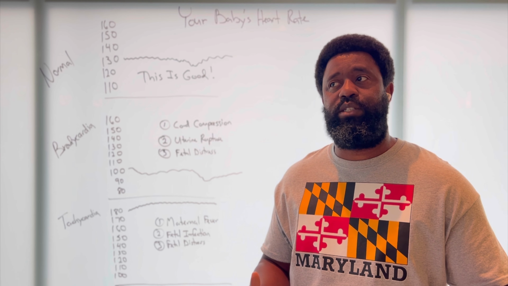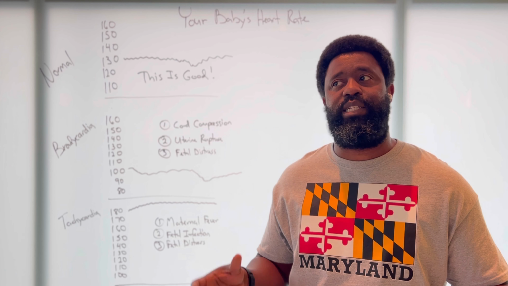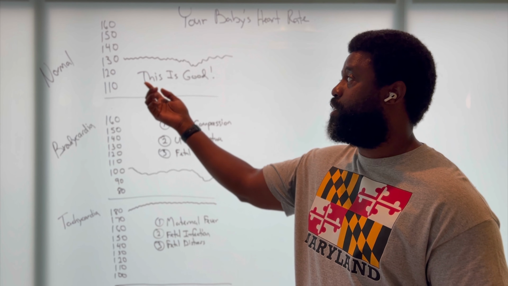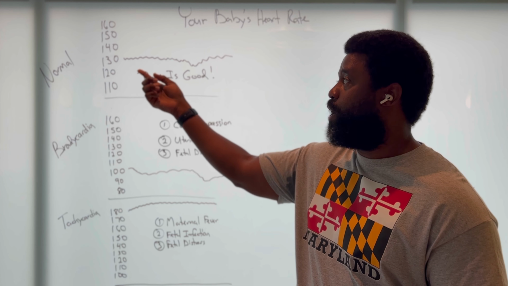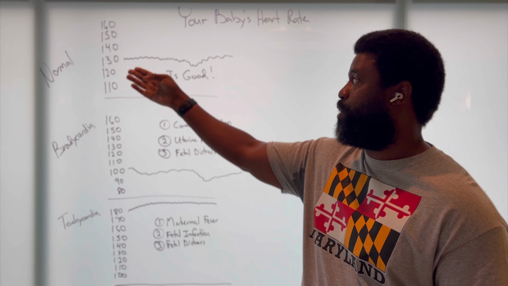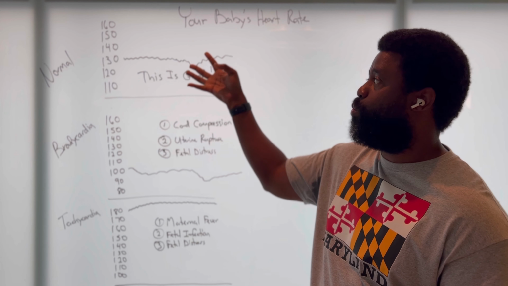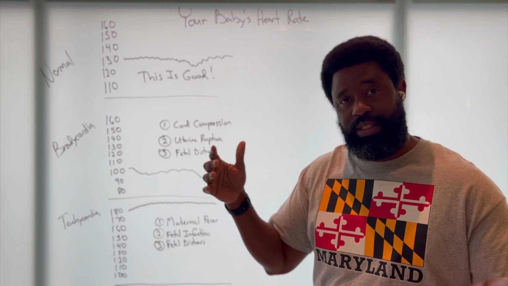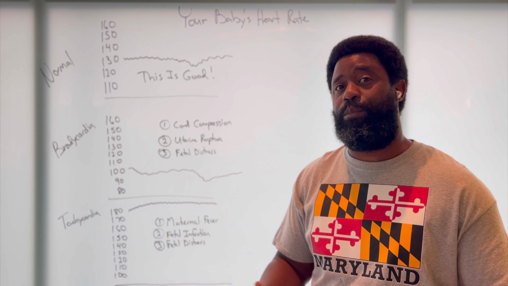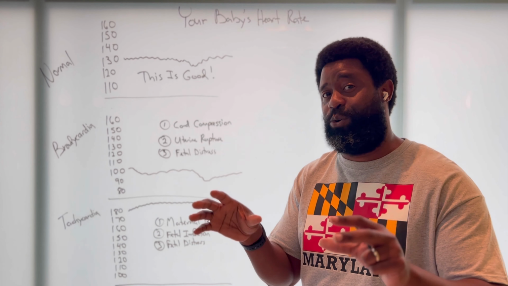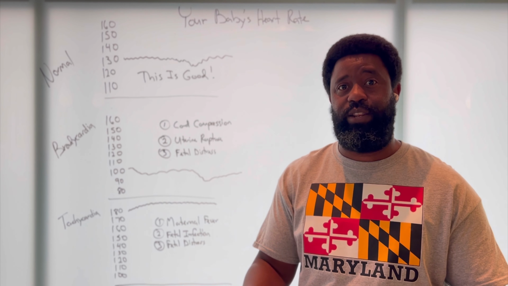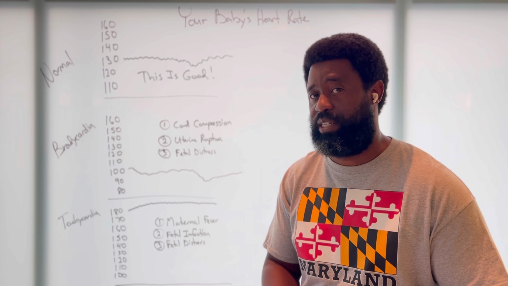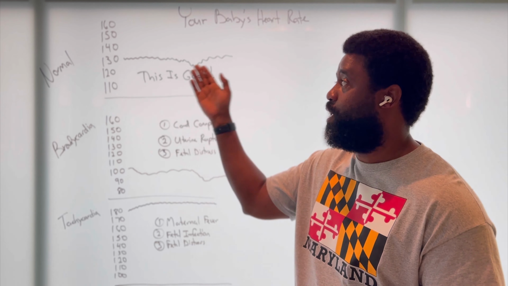As long as it's not there for too long and it returns back into that normal range, that's going to be good. This is the pattern right here on the board. This is about 130. This is what you want to see. When we see this pattern, more than likely everything is going pretty well for the baby. This assumes there are no issues with variability and no late decelerations or things like that.